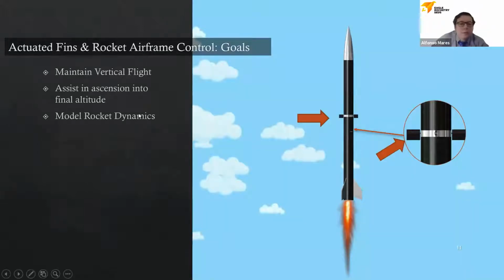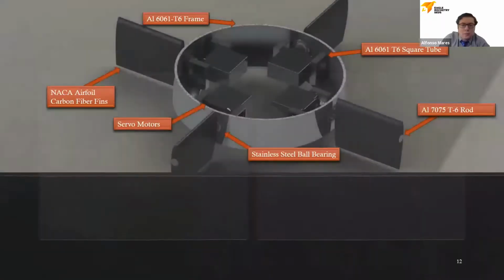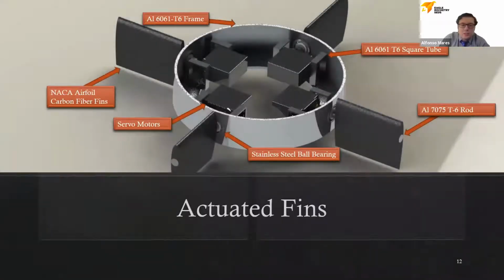Okay, so the main objective of this subsystem is to maintain the vertical flight, assist in the ascension to final altitude, and some modeling of rocket dynamics. And as you can see, there are the components used. So just a quick brief overview.